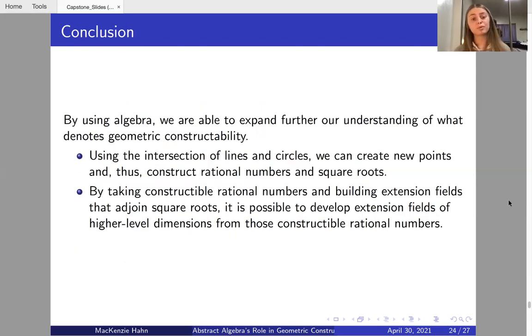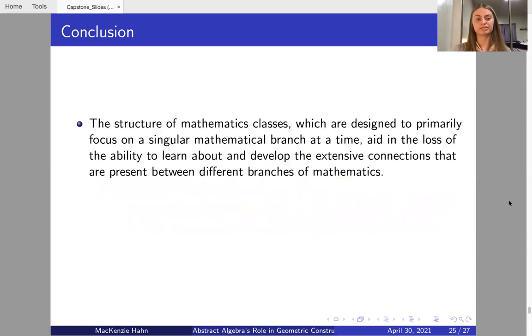So using algebra, we can expand our understanding of what denotes geometric constructability. We can use the intersections of lines and circles to create new points and construct rational numbers and square roots. And by taking constructible rational numbers and building extension fields and adjoining more and more square roots, it's possible to develop extension fields of higher dimensions from those constructible rational numbers.